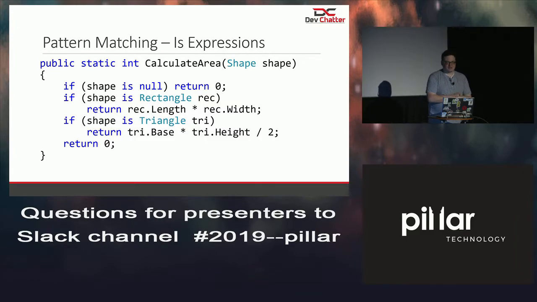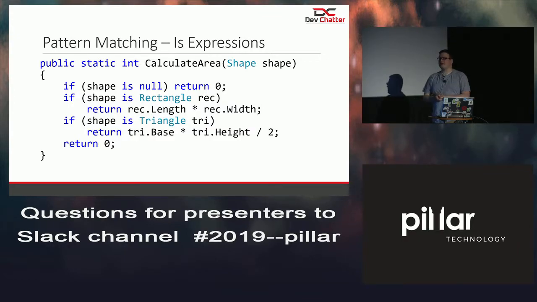So if you look on that line, just to the right of the is, that's a variable declaration. Rectangle rec, right? We've specified a type, we specified a variable name. The nice thing is, if you look at the following line, we can immediately use that variable and its properties. So we now have a Rectangle variable instead of a shape. So that's essentially how it works.